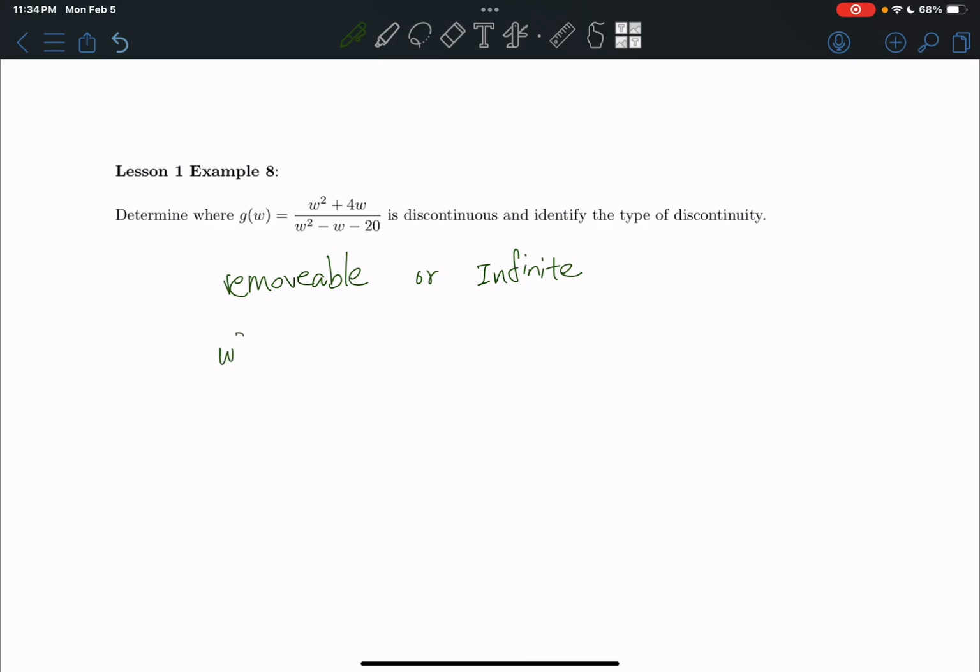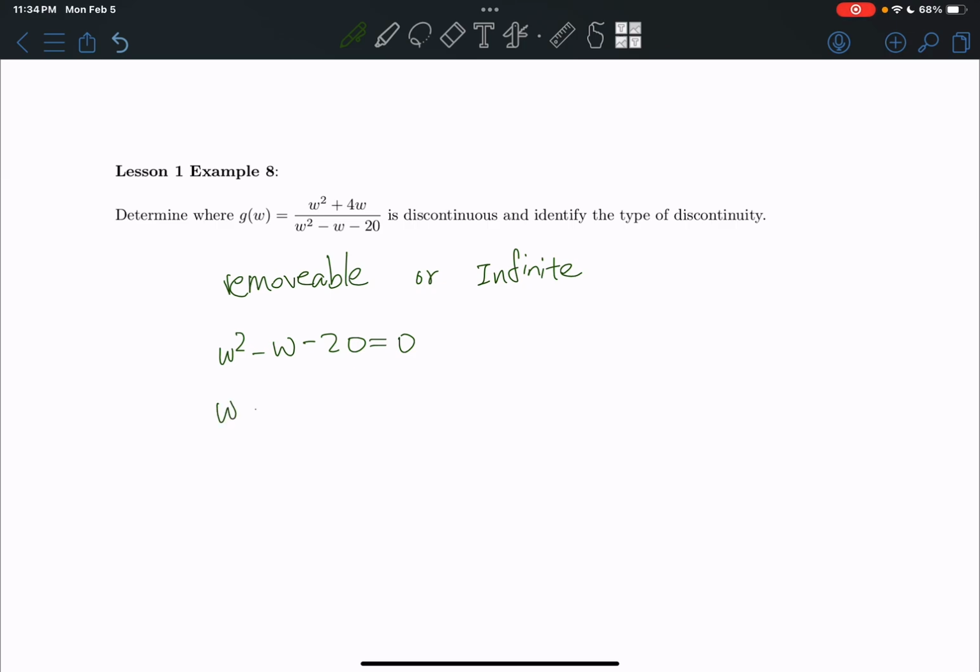So we have w squared minus w minus 20, and we set that equal to 0. This is a quadratic in terms of w. You can choose to use the quadratic formula if you don't want to practice factoring, but here factoring will be the preferred method. It's fairly easy to factor.